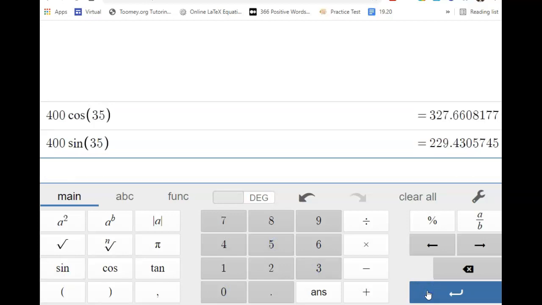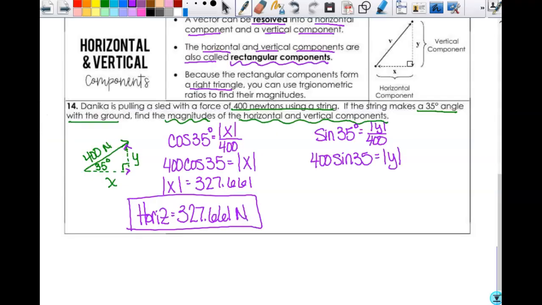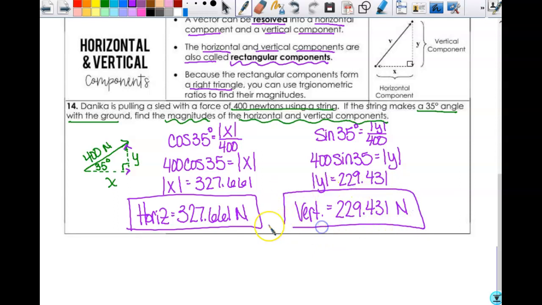And that's 229.431. So the absolute value of y is 229.431. But nobody asked me for y or even the absolute value of y. It asked me for the horizontal and vertical components. And so vertical, you clearly see from what's going on, it's positive. So your vertical component is 229.431 newtons. Okay, there you go.